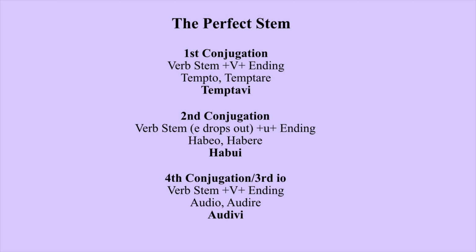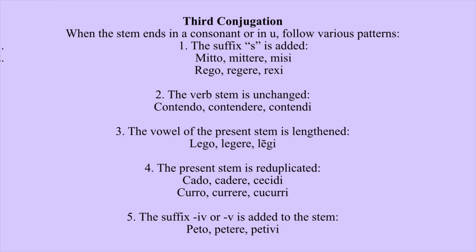Now the third conjugation is where we're going to want to do a little bit more memorizing. However, there are some repeated patterns that can help us get to our third principal part, or it will at least help us recognize it when we see it in context.